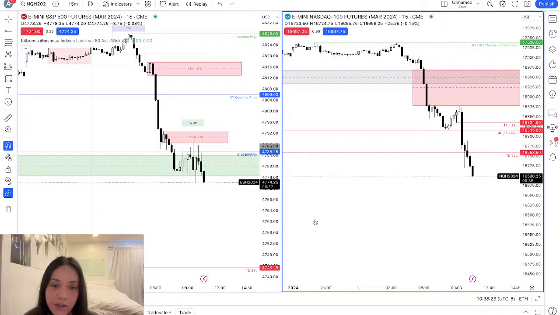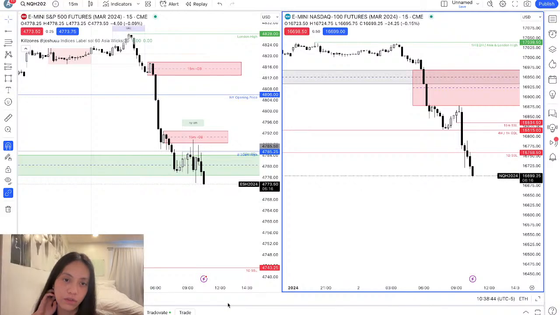Do you notice the silver bell or silver bullet setup? Silver bullet. I thought the silver bullet was in the afternoon.